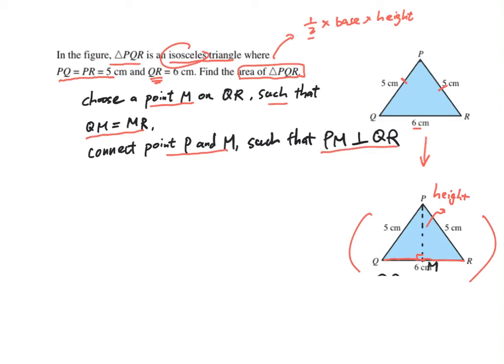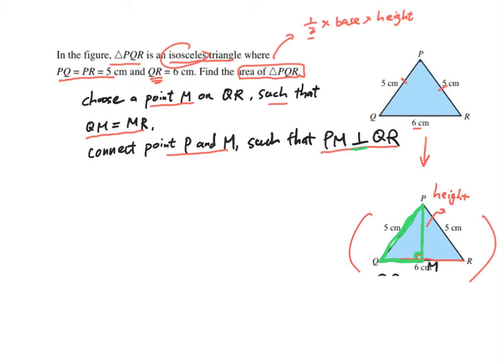This is the property of the isosceles triangle. If PM is perpendicular to QR, that means PM here is the height of this triangle, because it is perpendicular. That means this triangle PMQ is a right angle triangle.